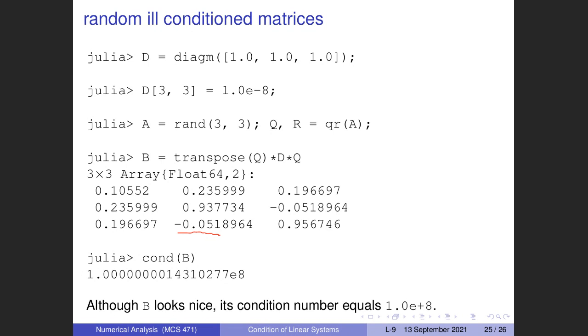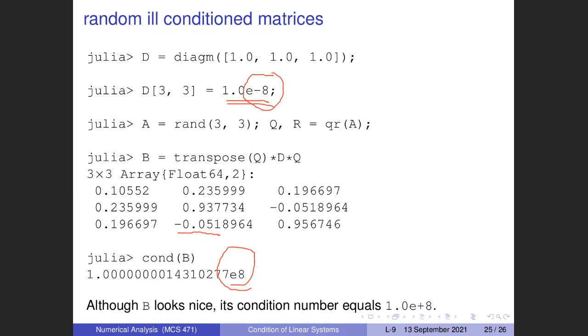So here is the recipe for cooking up matrices like this. We take a random matrix and we compute its QR decomposition. So Q has a very nice condition number, but we multiply this with the identity matrix where we have put in a very tiny number. Here I took again the minus 8 because I wanted to have a condition number that is 10 to the power 8.